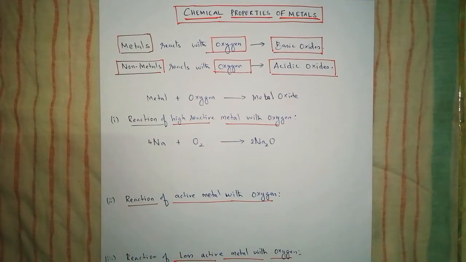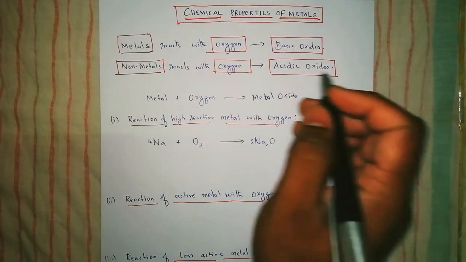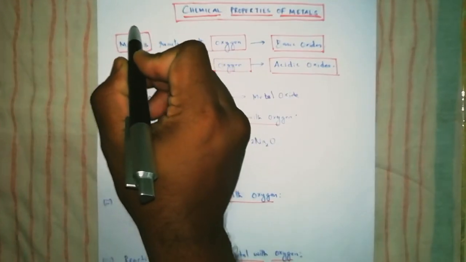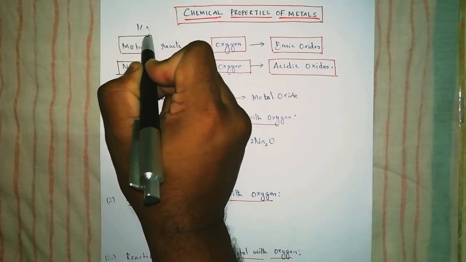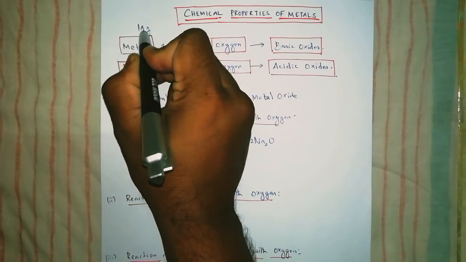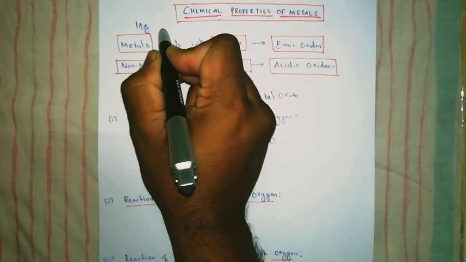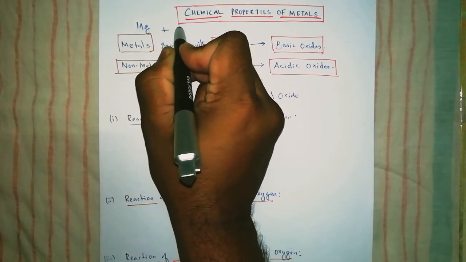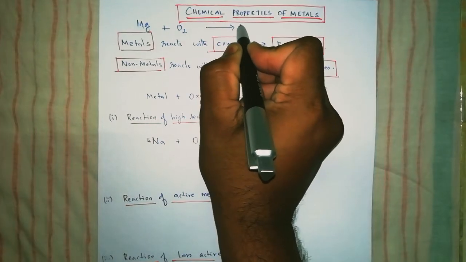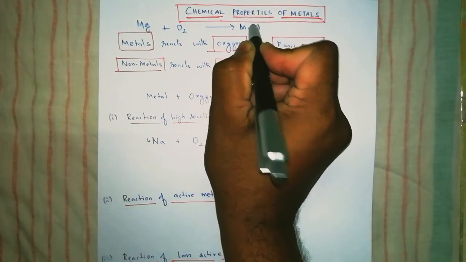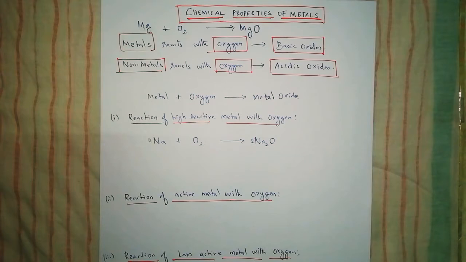Okay, take an example of metal. For metal, I'm going to take an example of magnesium. Okay, magnesium ribbon. When magnesium ribbon is heated, that means reacts with oxygen, it gives magnesium oxide. Right? Remember this?